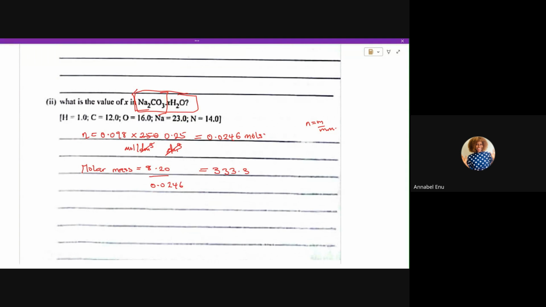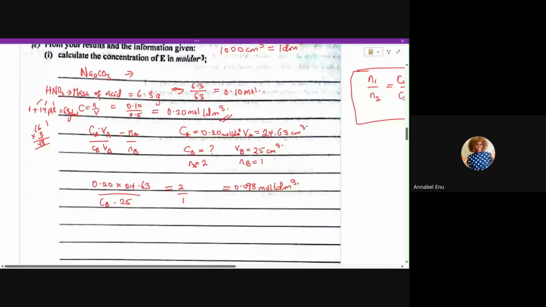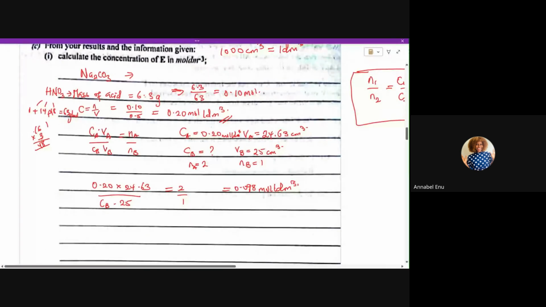Now, since we've gotten our molar mass and we already know the molar mass of sodium tricarbonate, we have 333.3 minus the molar mass of sodium tricarbonate. We didn't calculate it here.